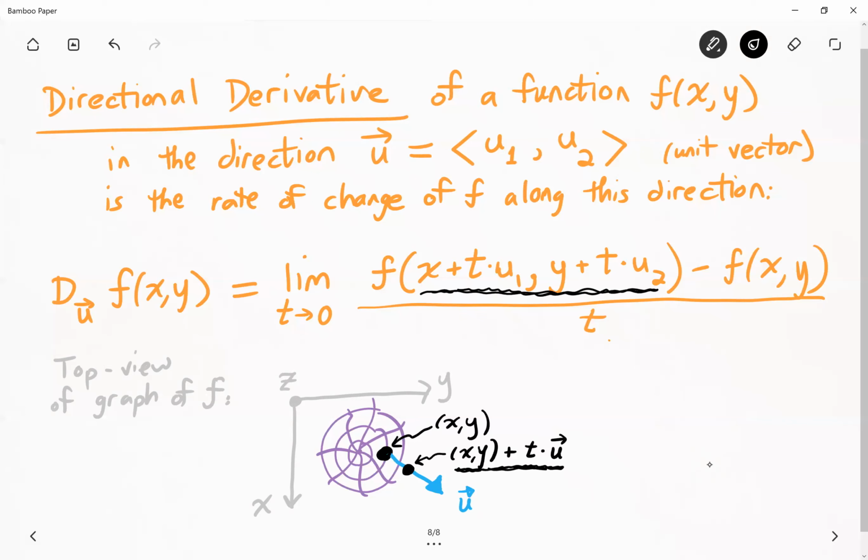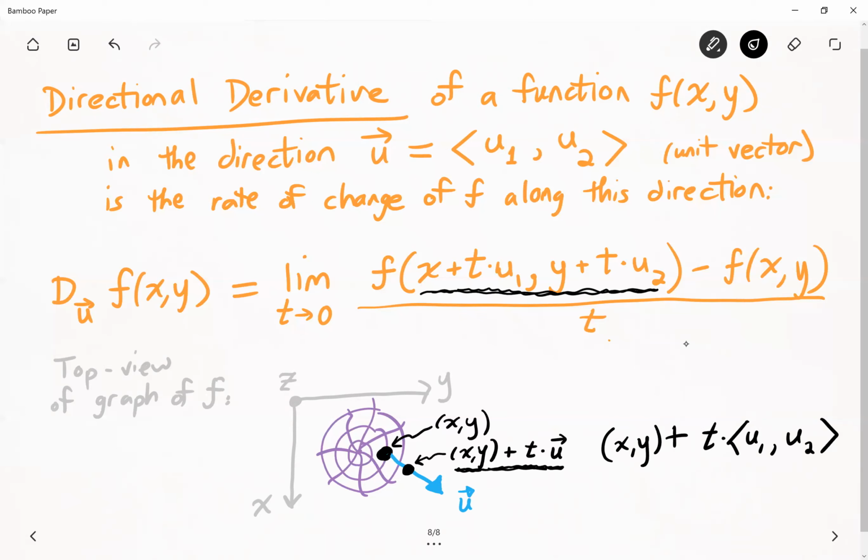Right? If you actually carry out the addition here, you have x comma y plus t times the vector u1 comma u2. You do your scalar multiplication, and then you do some vector addition, and you're left with exactly this expression here. So this is the official definition of the directional derivative.